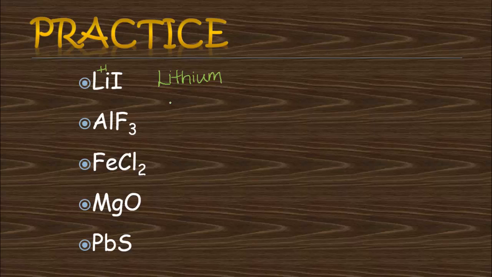Then I look at the anion. The anion, we don't worry about if it can have more than one charge. We don't indicate that at all, at least not yet. You'll see how that all changes next video. But for writing the name, it doesn't matter. The only thing you're going to do is change the ending. So I look it up, and it is iodine.